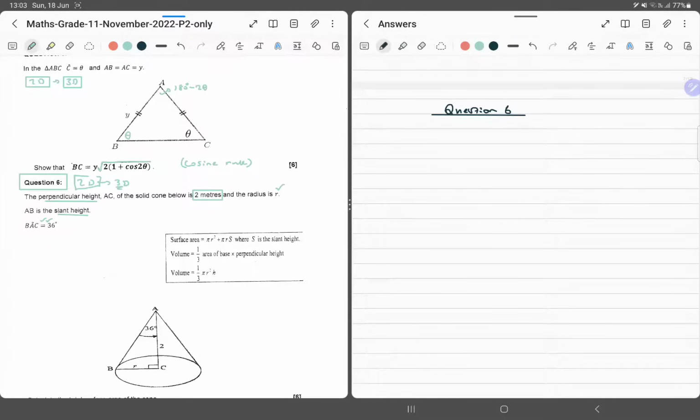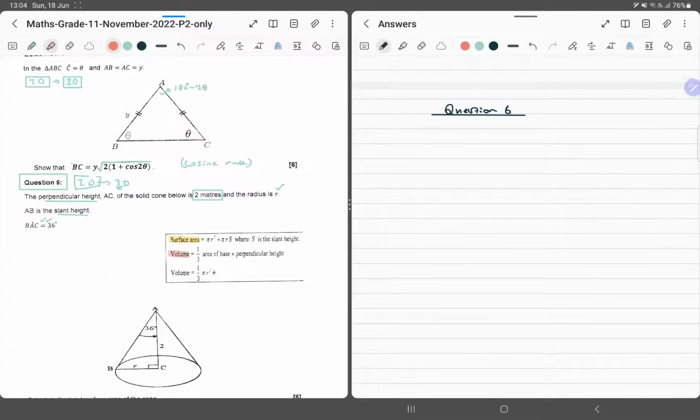Now you can see here we've been given some clues here that to calculate the surface area of a cone, we say pi r squared plus pi rs, where s is the slant height. And then we can do the volume when we take 1/3 of the area of the base multiplied by the perpendicular height.